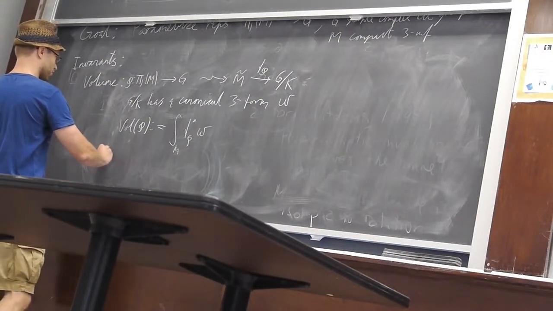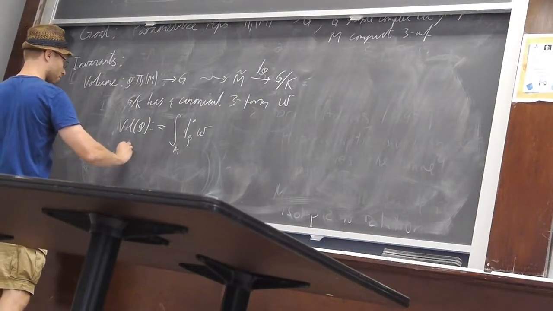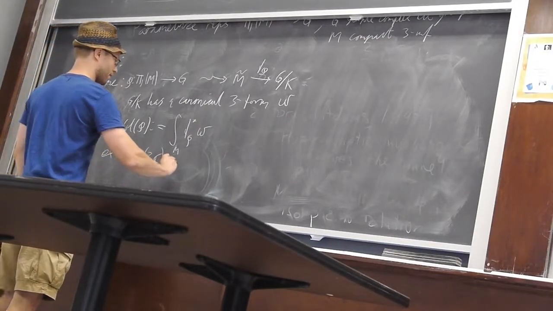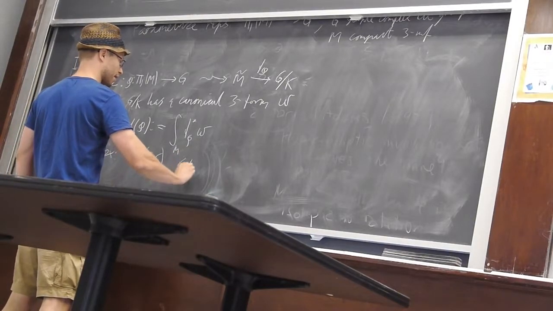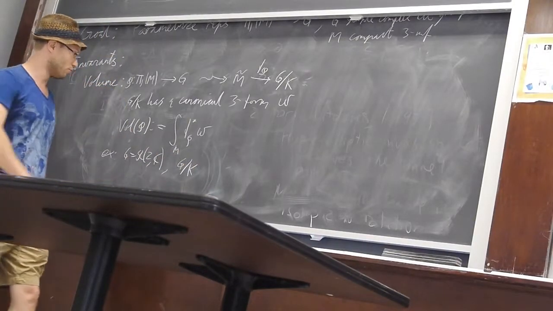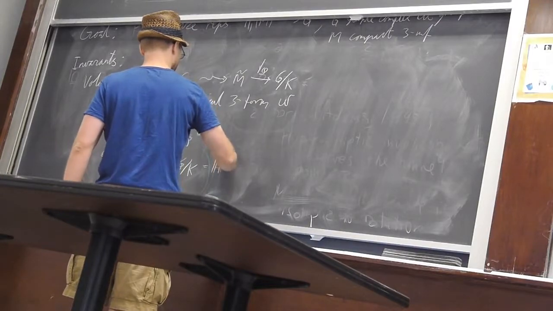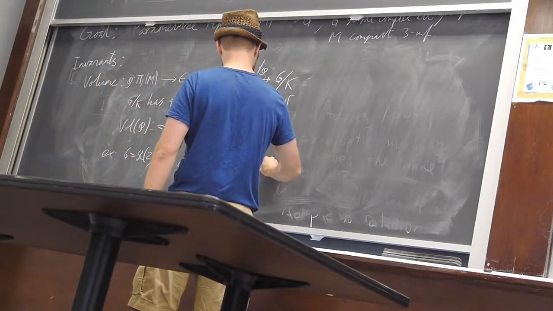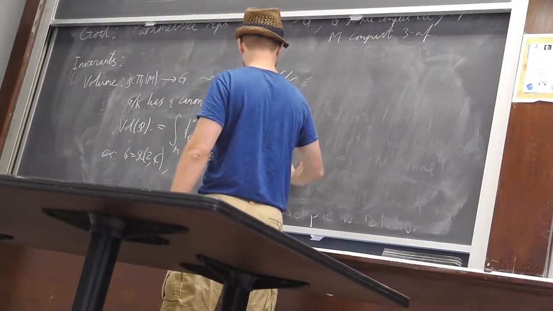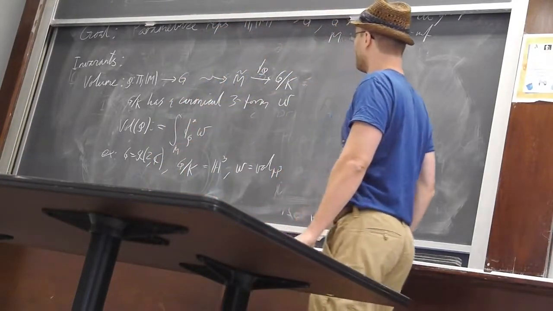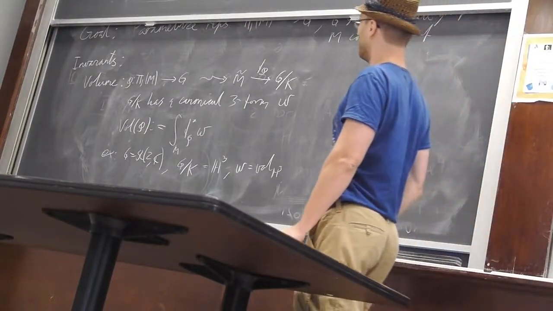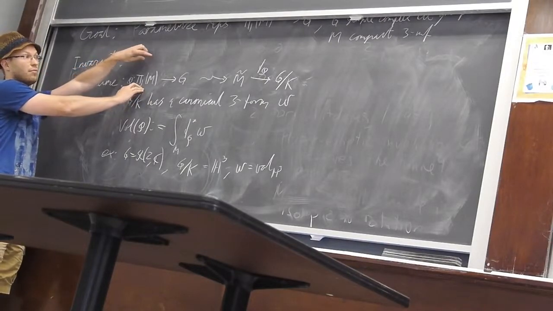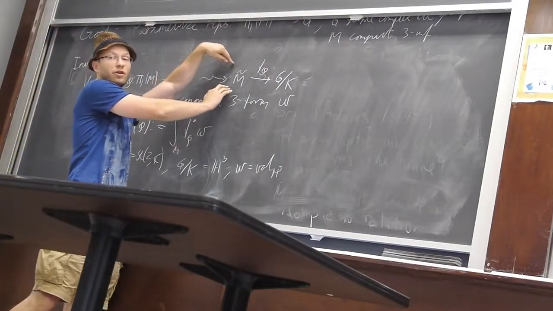So let's just give an example. For example, if G equals SL2C, then G mod K, the maximal compact subgroup being SU2, is hyperbolic three-space, and this omega is the hyperbolic volume form. If you have the geometric representation of a hyperbolic manifold, this map is just an isometry.